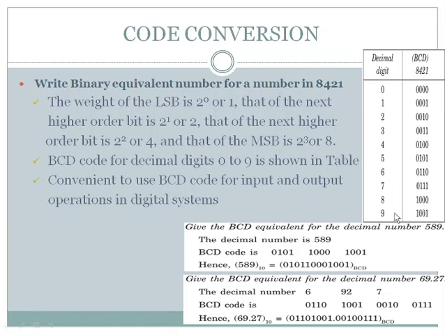That means the first 9 is represented with 1001 and the second 9 is also replaced with 1001. So the total BCD code for the decimal number 99 will be 1001 1001. This way we will represent any decimal number by its BCD code.